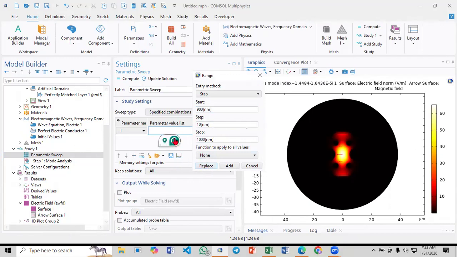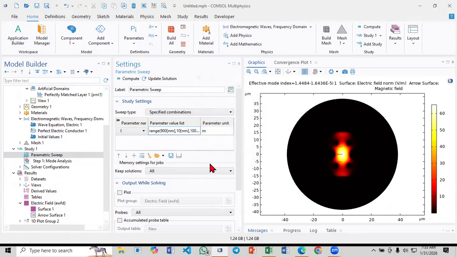Then replace. So here you can see the range of the parameter values. We are changing L, the wavelength, with the range of 900 to 1000 nanometer. Now we can compute it.